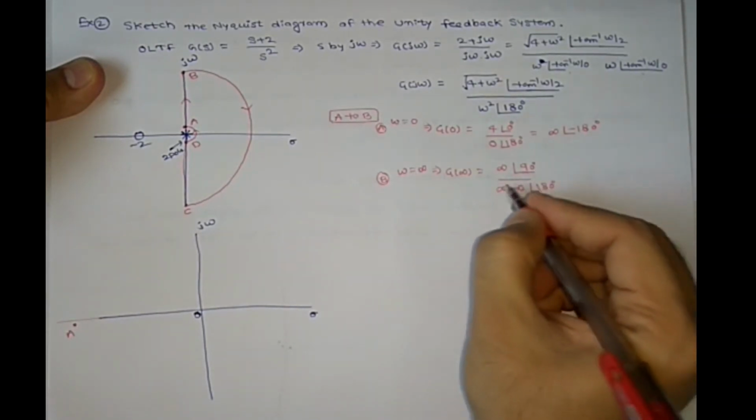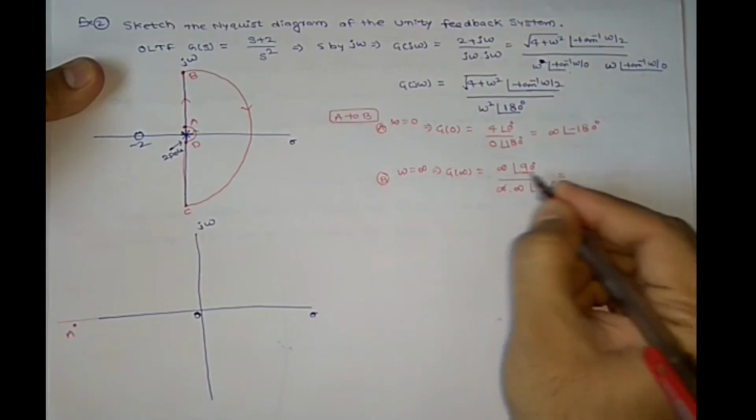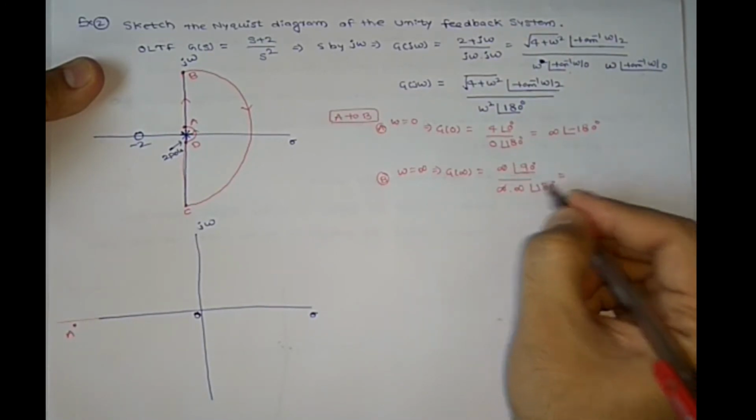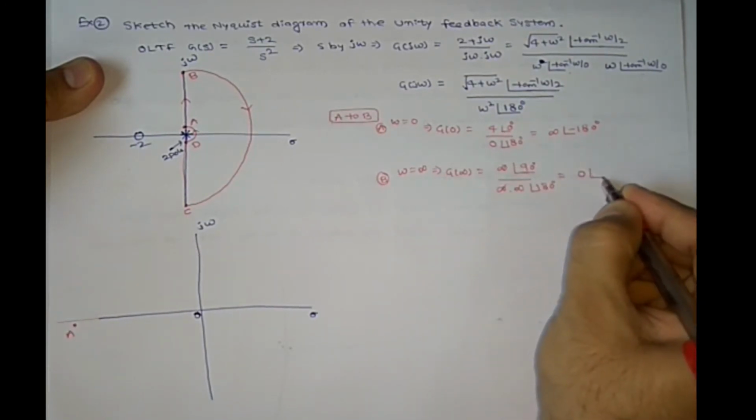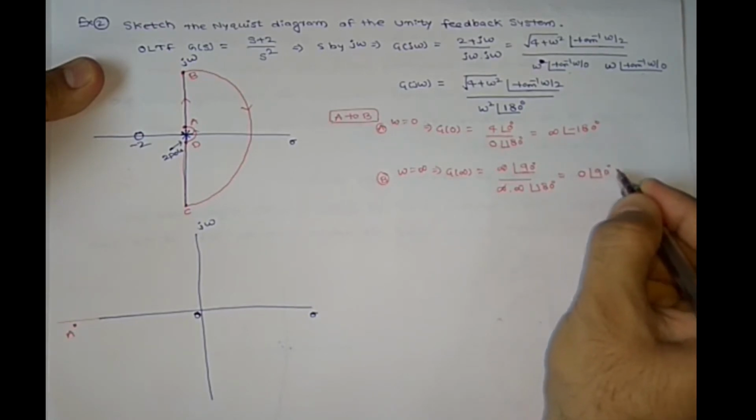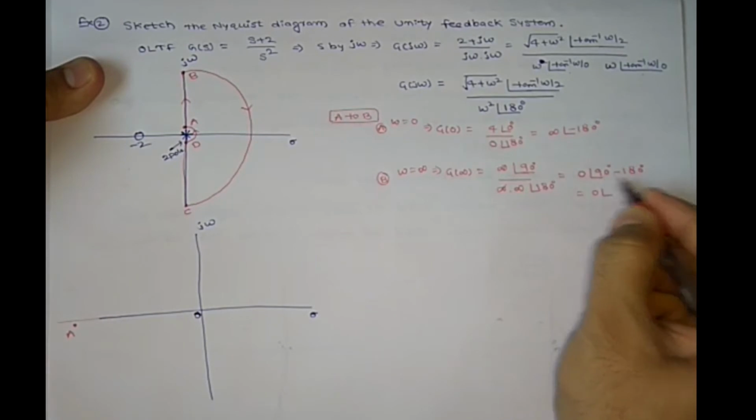So 1 by infinity means it will be 0, with angle 90 degrees minus 180 degrees, which is minus 90 degrees.